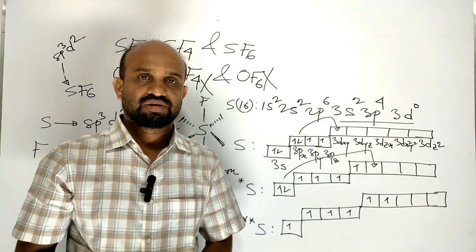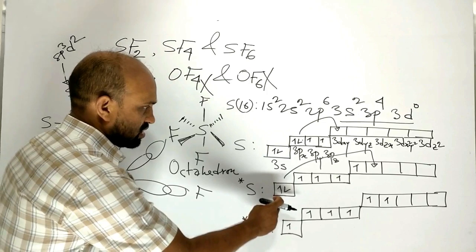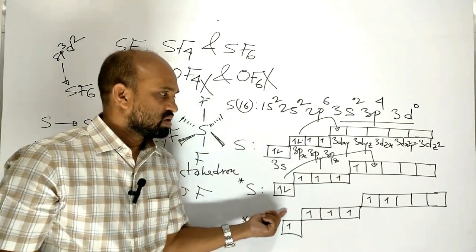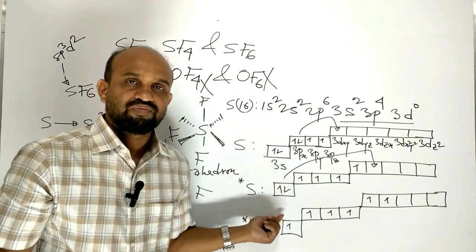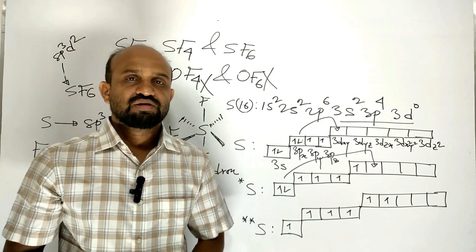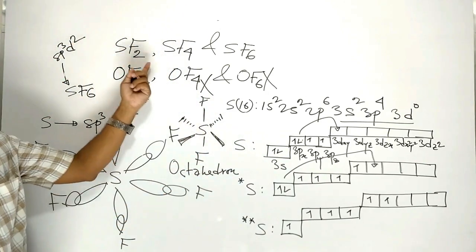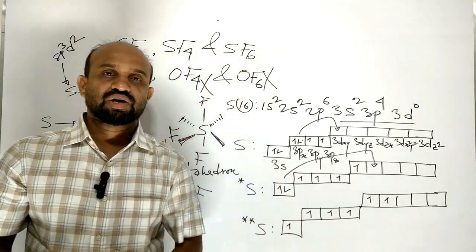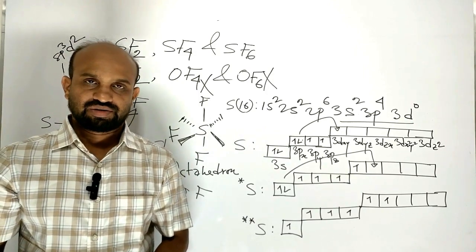Vacant d orbitals are responsible for making increased number of unpaired electrons. So sulfur tetrafluoride and sulfur hexafluoride are formed for the presence of vacant d orbitals.